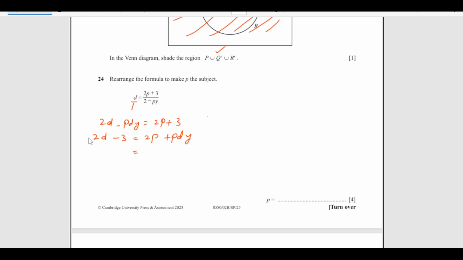Because we are making P the subject, taking P out, we will have 2 plus d, right. Here we have 2D minus 3. So P is going to be 2D minus 3 over 2 plus d. So that's the answer, 2D minus 3 over 2 plus d, right.